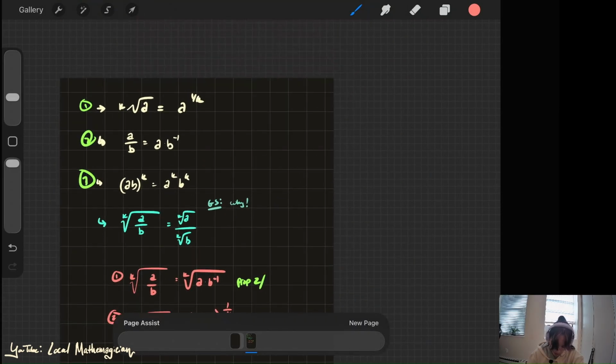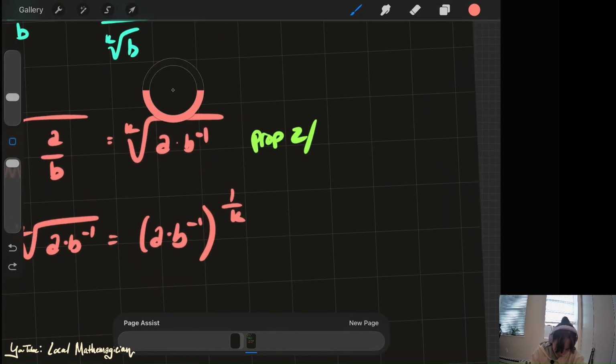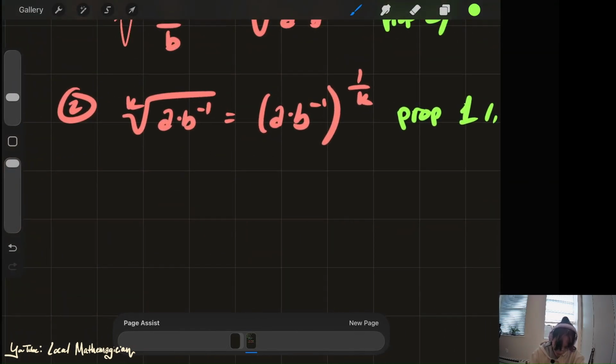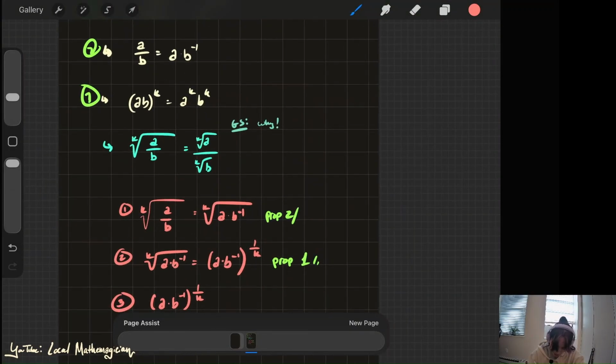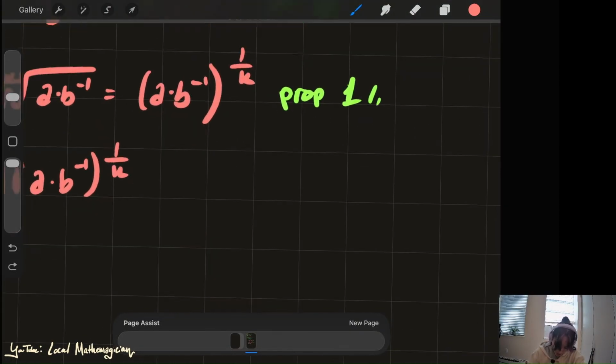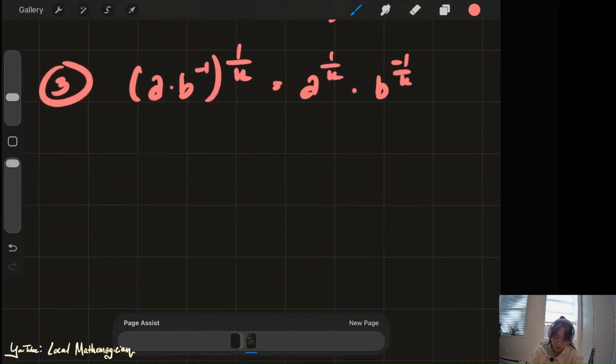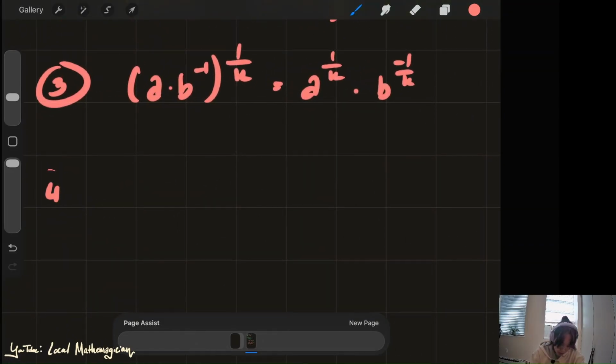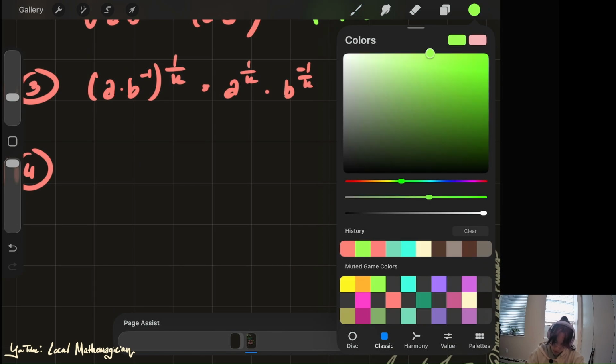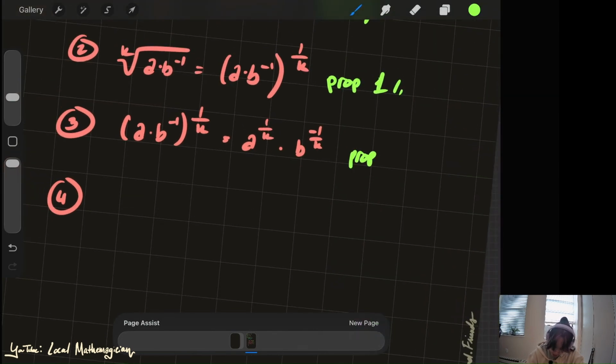And this uses property number 1. And then I know that a times b to the negative 1 to the power of 1 over k can be distributed using property number 3. So I know that this is a to the 1 over k times b to the negative 1 over k. All right? And now I'm going to have you guys do step 4.